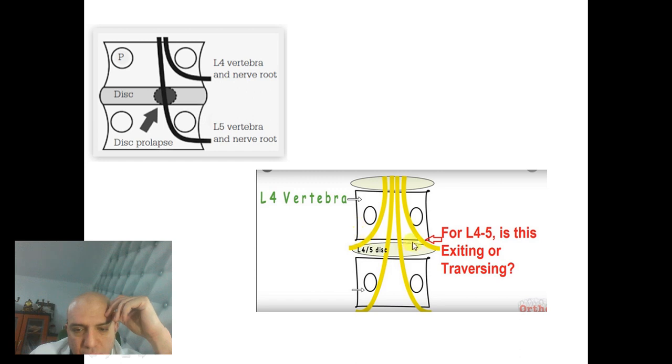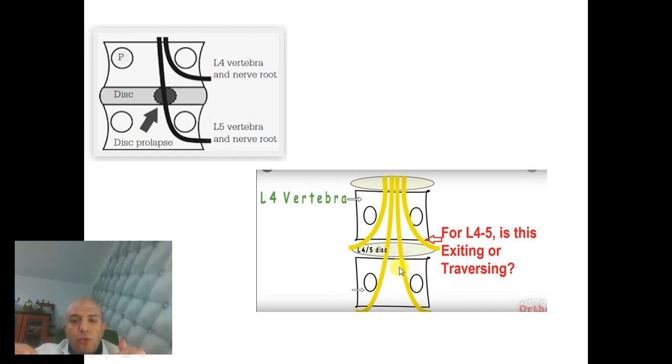So if this is the lumbar 4 vertebra, this root will be the left L4 exiting, and this will be L5 exiting and traversing to this level.